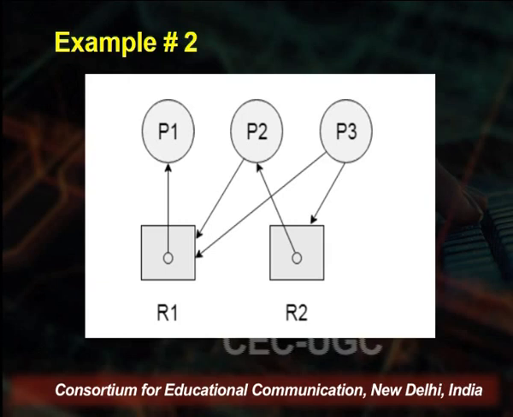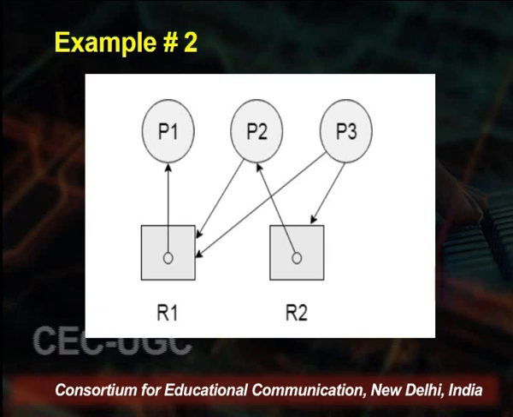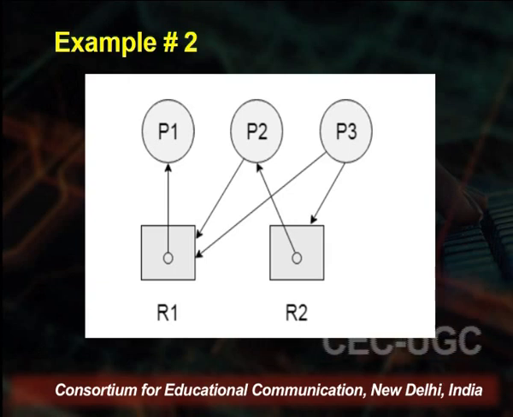So resource allocation graph, as seen on the screen, is basically a directed graph in which there are two types of vertices. P1, P2, P3 are representing the vertices of process type, while R1 and R2 are representing the vertices of the resource type.